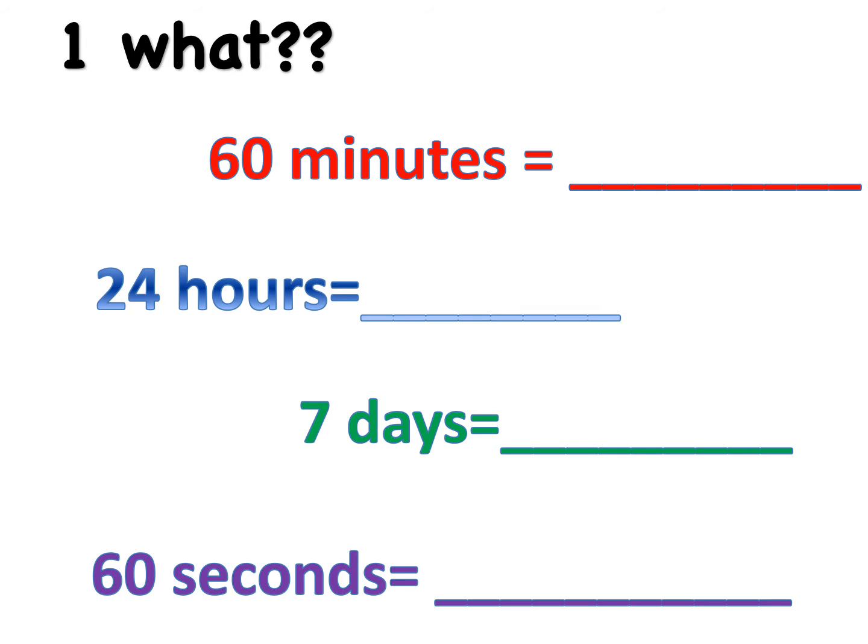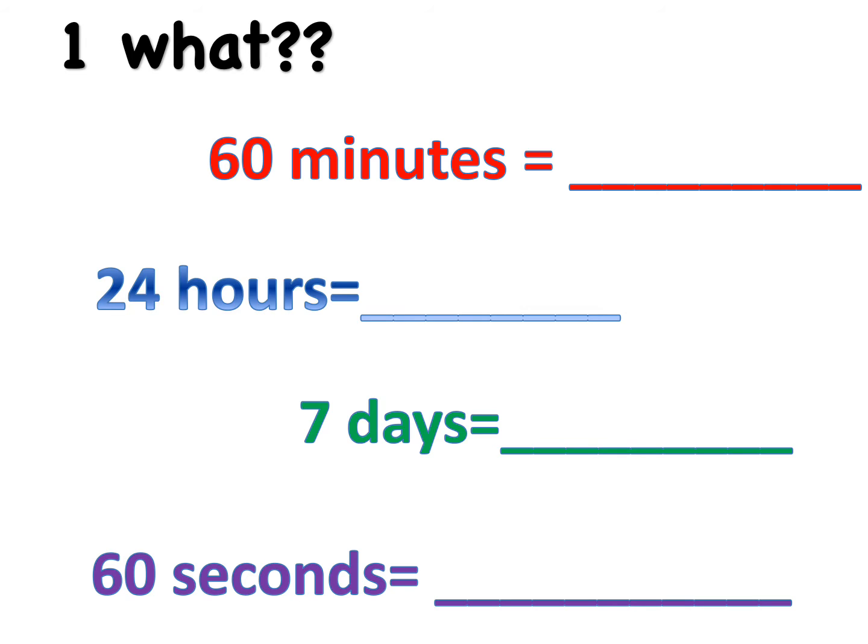And 60 seconds equals one blank. Take a minute to think about what these equal, and then I'll show you your answers. If you want to, you can pause the video and write your answers down, or you can just check what you think the answers are right now.